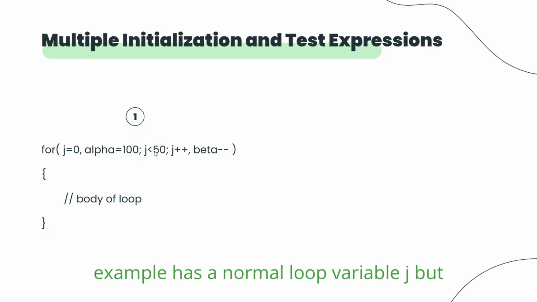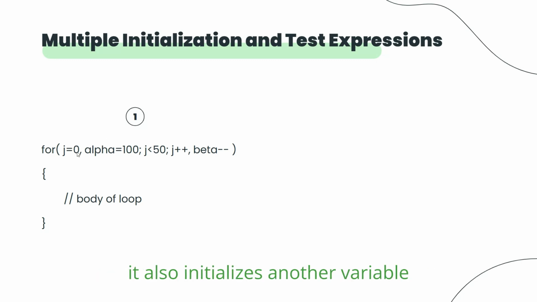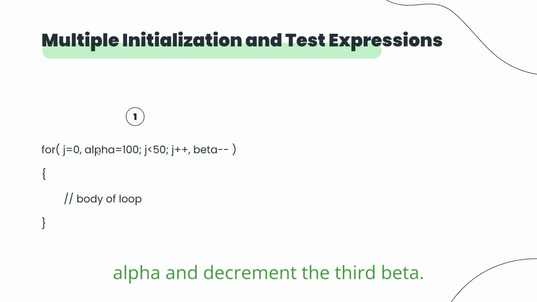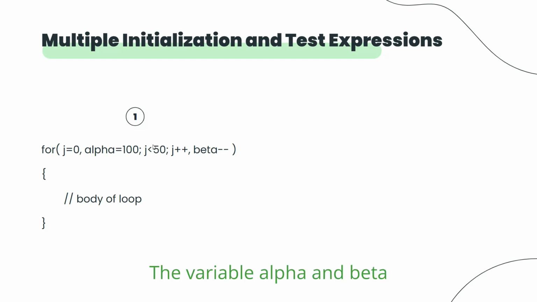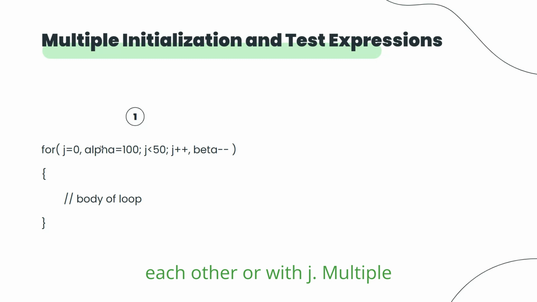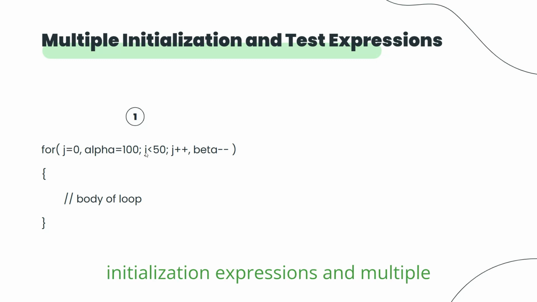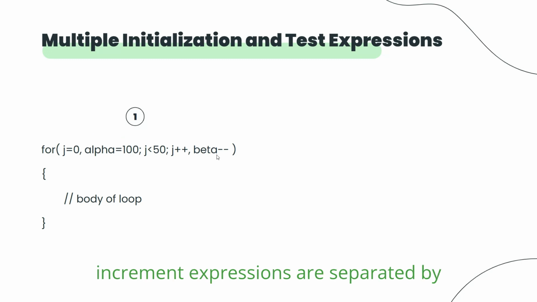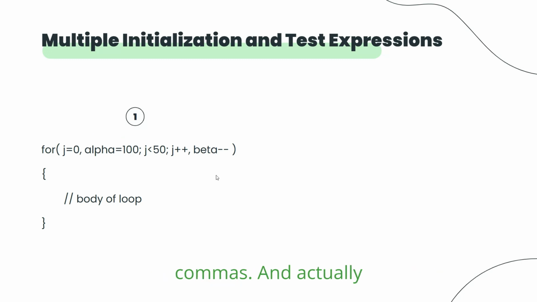This example has a normal loop variable j, but it also initializes another variable alpha and decrements a third, beta. The variables alpha and beta do not need to have anything to do with each other or with j. Multiple initialization expressions and multiple increment expressions are separated by commas.